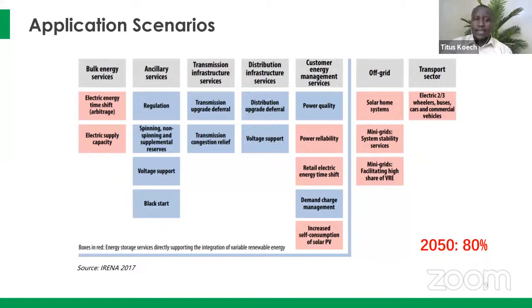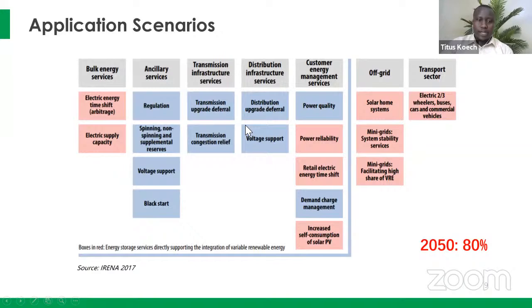Because if you have a renewable energy source, let's say solar PV, and you need to increase the renewable energy fraction, then energy storage will play a very important role. And for the utility, in terms of transmission infrastructure and also distribution infrastructure, you can see it also plays a very important factor.